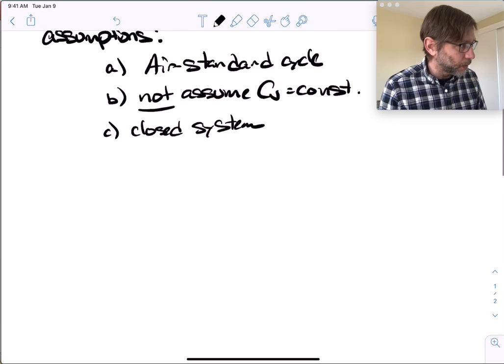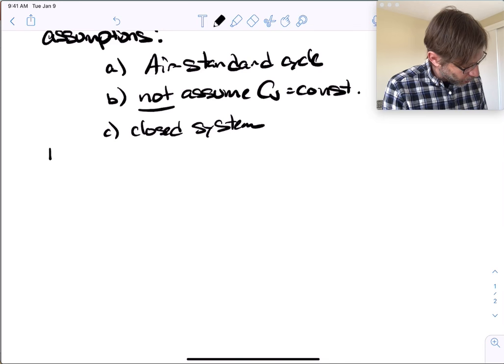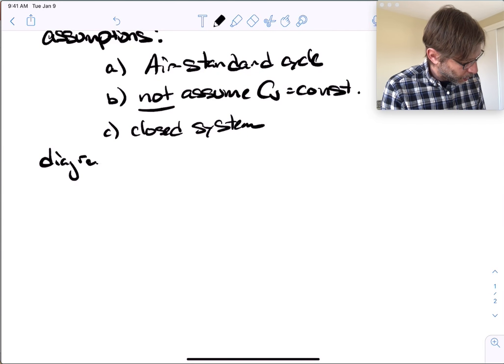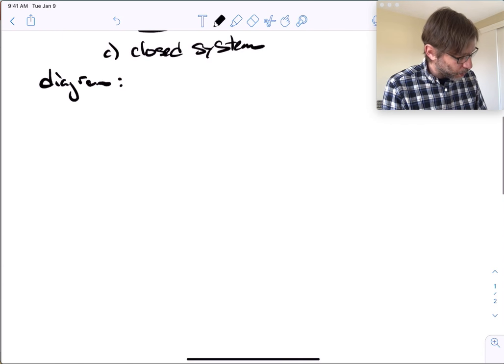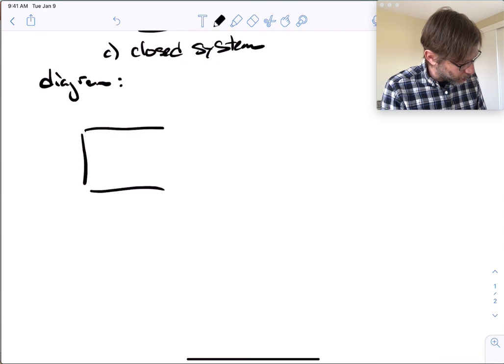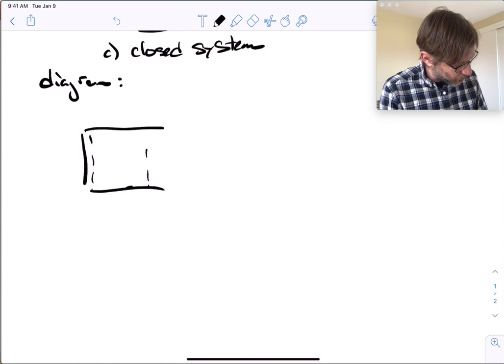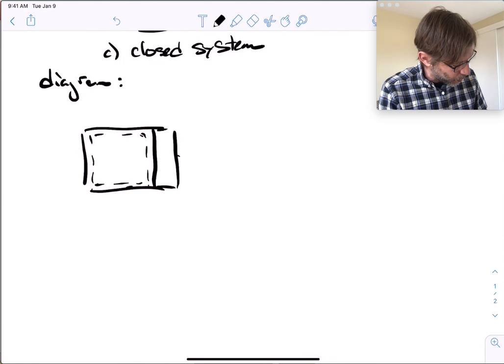Okay, so let's go here and do a diagram. In this case, we're going to do two diagrams. First we're going to make our thermodynamic system and draw our system here, which is a piston and cylinder, of course, like we've always drawn it, and that's all you really need to do.